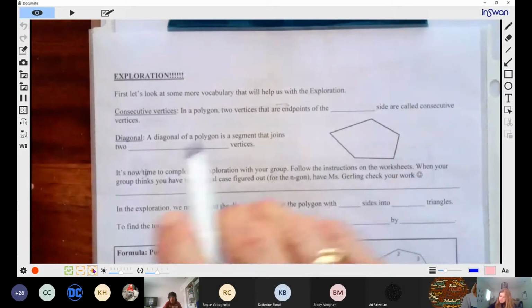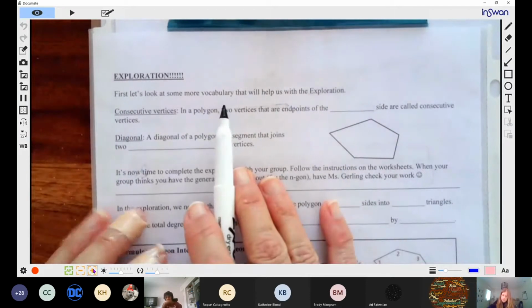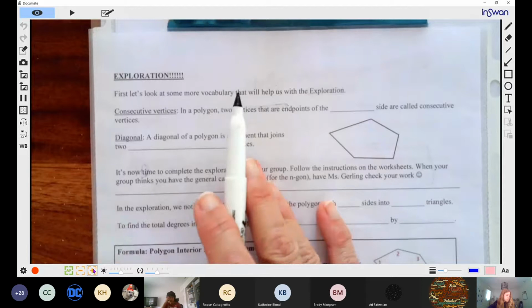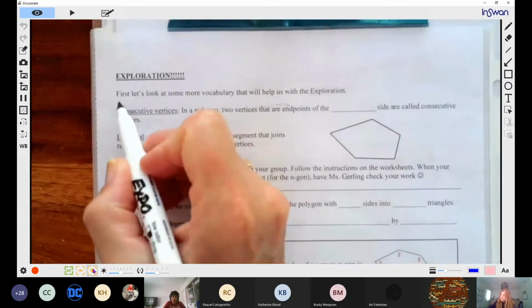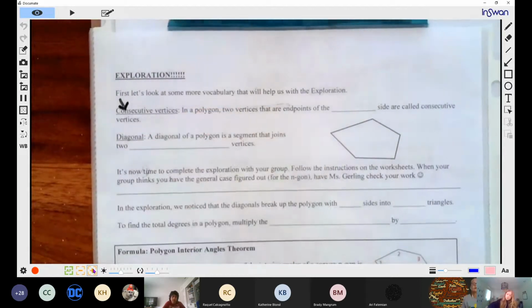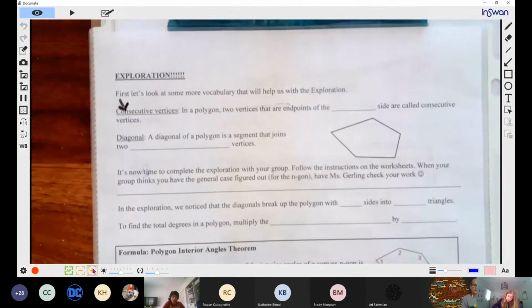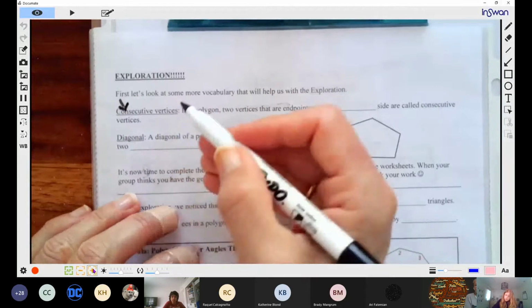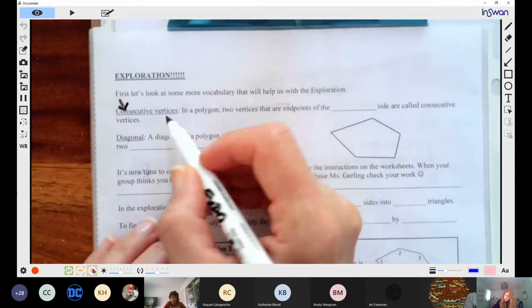All right, so first of all, let's look at some vocabulary. The first word is consecutive. Consecutive means one right after the other. So 1, 2, 3, 4, 5 are consecutive numbers. They're right next to each other. And vertices is the plural of vertex.